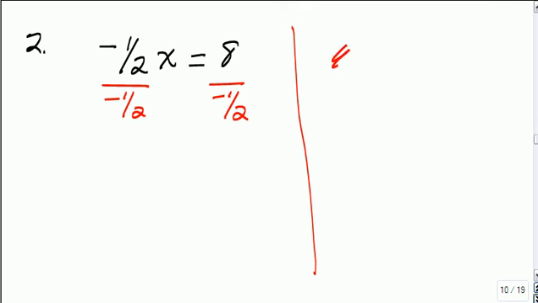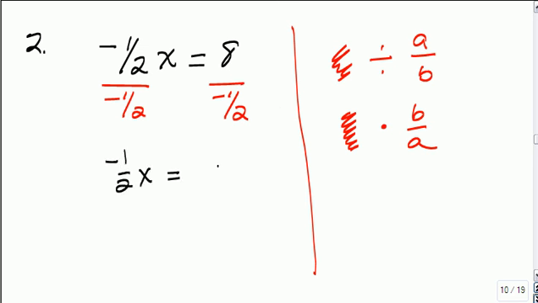So how does that affect this problem? Let's go back, and I'm going to read the problem because that was ugly. Let's go back and see if there's a simpler way to look at this. We decided we needed to divide by a negative 1/2, but it got kind of ugly, so instead of dividing by 1/2, we could multiply by its reciprocal. The reciprocal of a negative 1/2 is a negative 2 over 1.